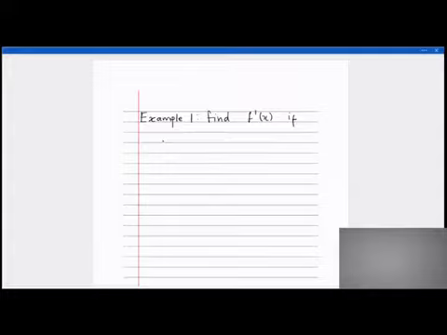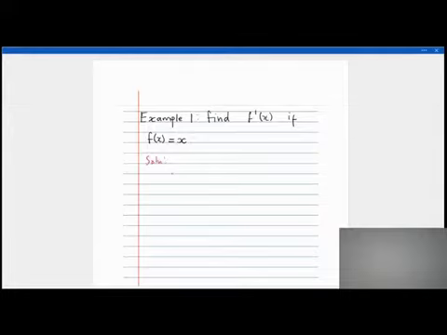Example 1. Say that we want to find f prime of x if f of x is equal to x. Okay, so let's start with that one and see how we are going to work out the first derivative.